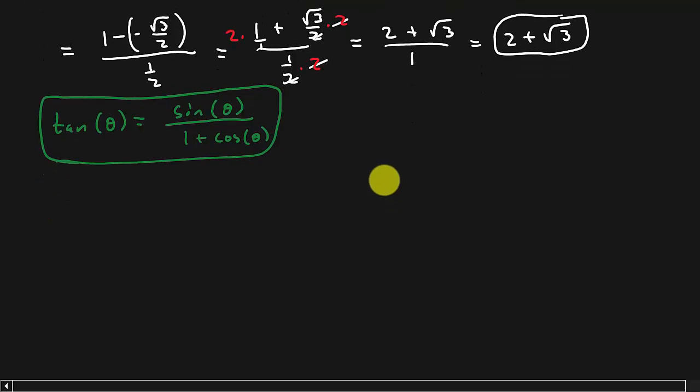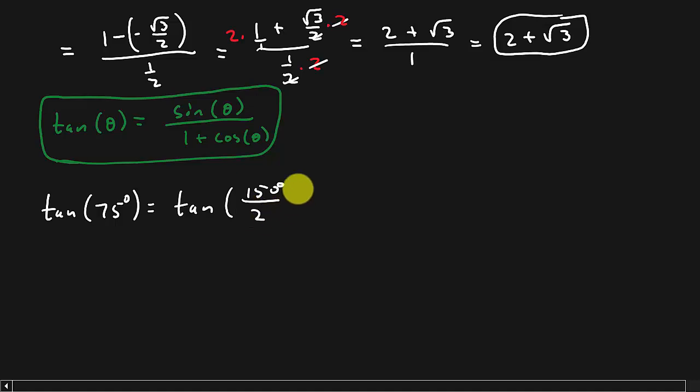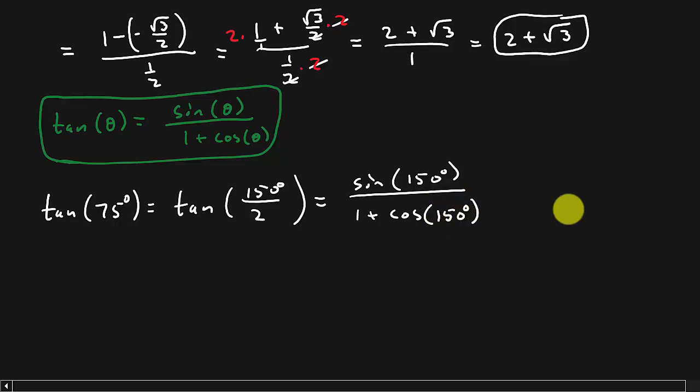So tangent of 75 degrees is equal to, and it's going to be the same thing, 150 over 2. So that's going to be sine of 150 divided by 1 plus cosine of 150.